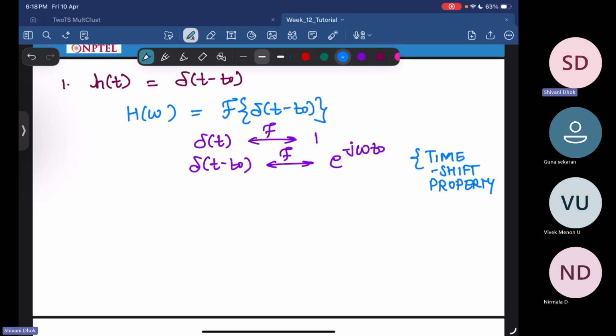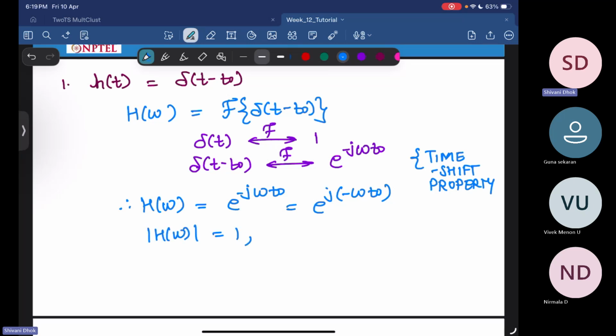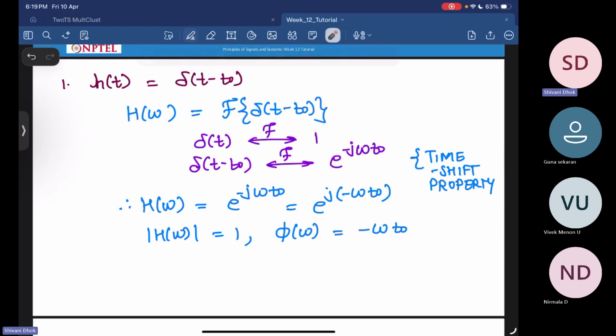Therefore H of omega is e power minus j omega t naught, or you can write it as e power j times minus omega t naught. So the magnitude of H of omega is 1, and phi of omega, which is the angle of H of omega, is minus omega t naught. This is already in polar form, with magnitude 1 and e power j angle.